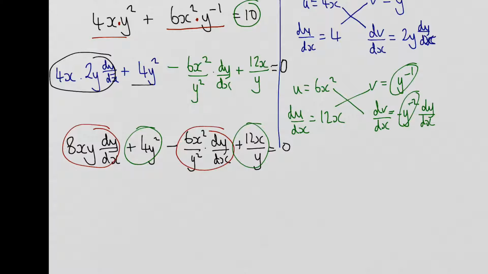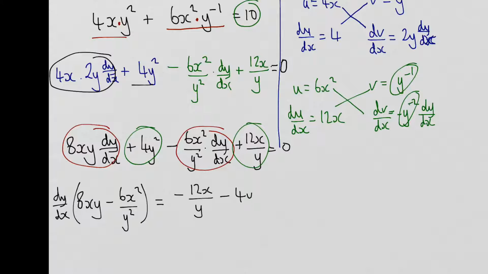So I should have now 8xy minus 6x squared over y squared, and they have both got that dy by dx there, is equal to minus 12x over y minus 4y squared. Wonderful.